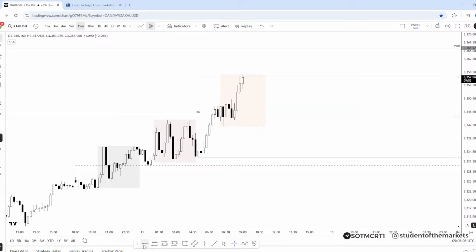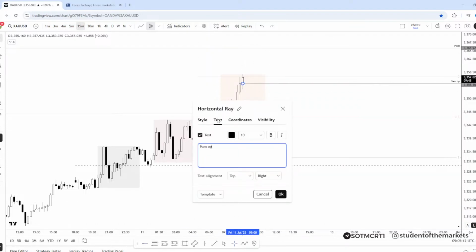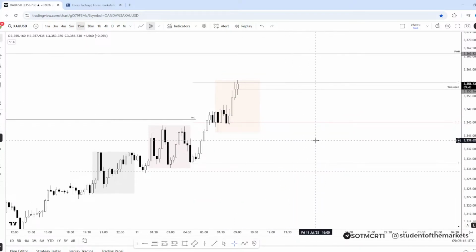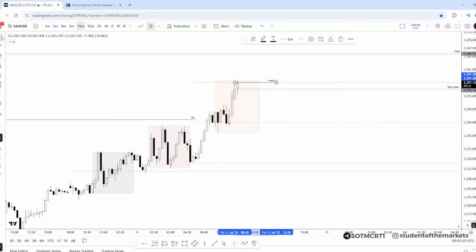So let's mark up the 9 a.m. open. This is the 9 a.m. open, and at this point I have to wait. So this will be a range high, range high, and this is going to be the range wall.